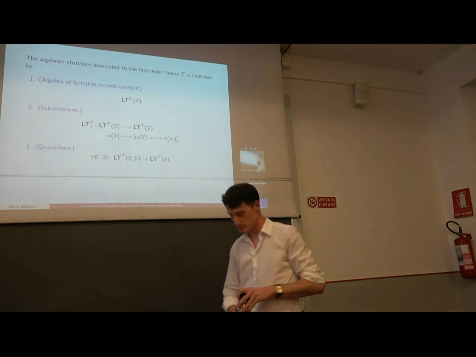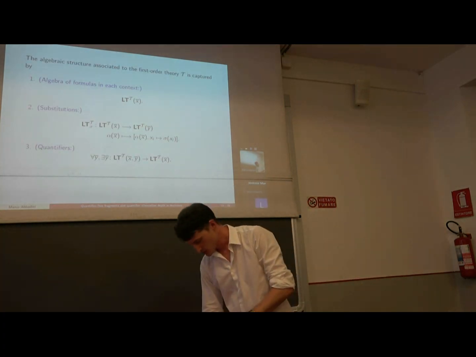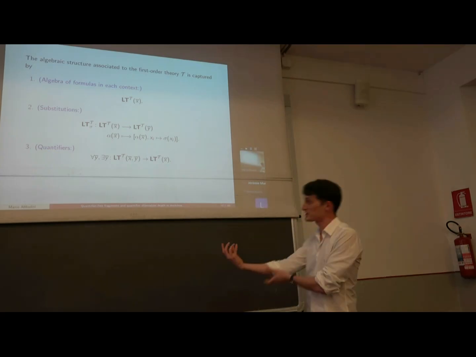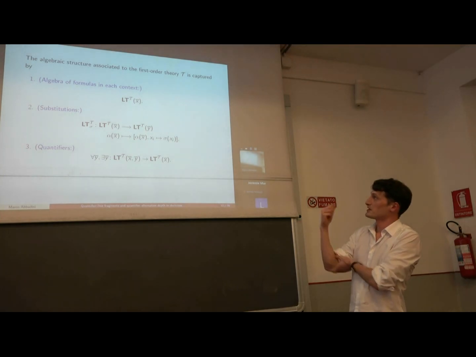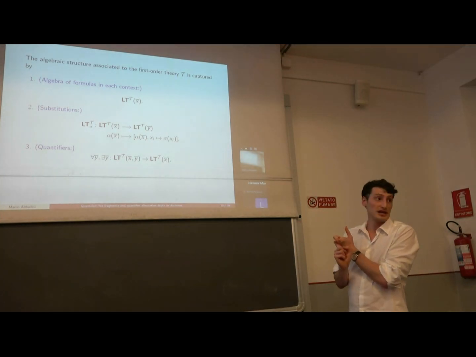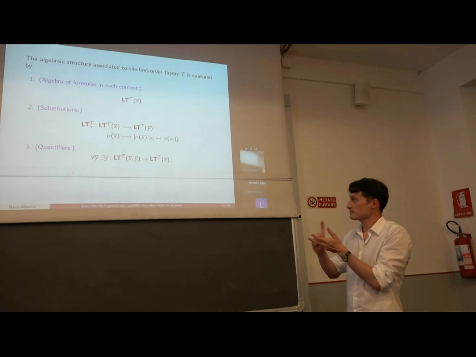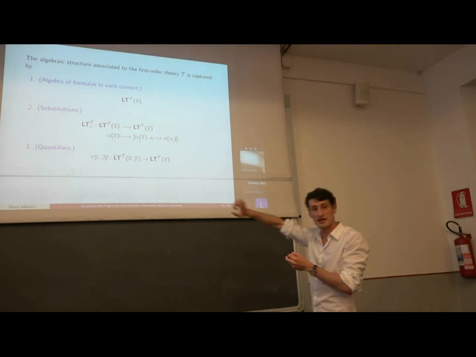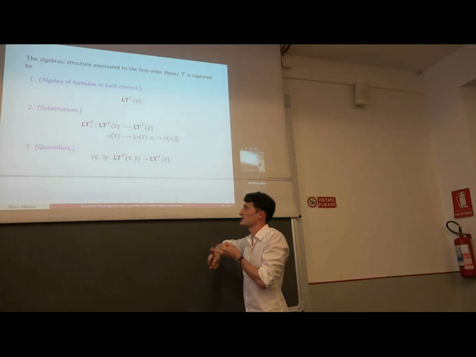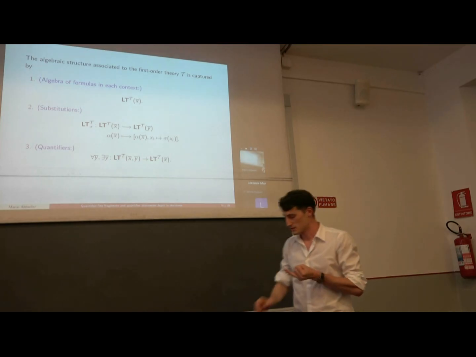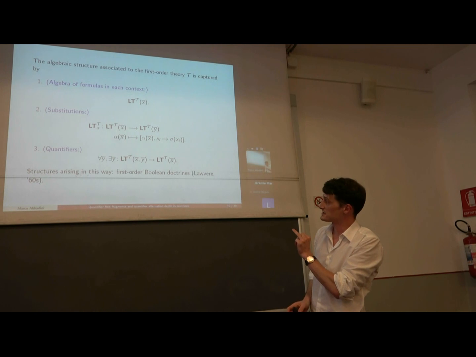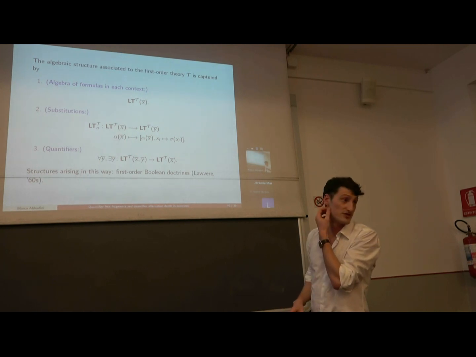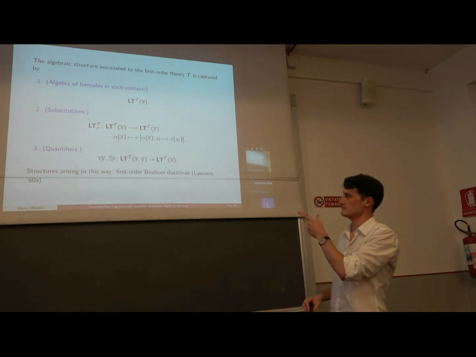Right. So these three things constitute the algebraic structure: one algebra for every context, substitutions that connect these contexts, and quantifiers. And if you want to axiomatize the structure that arises in this way, these are precisely first-order Boolean doctrines.